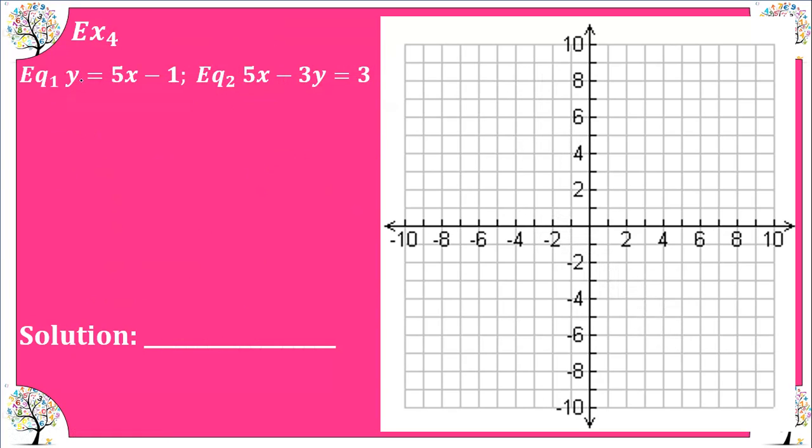Okay, let's graph this one that's in slope-intercept already. We start at -1. We're going to go up 5, 1, 2, 3, 4, 5, and over 1. We'll see if this is enough points. And now let's solve for y in our second equation.